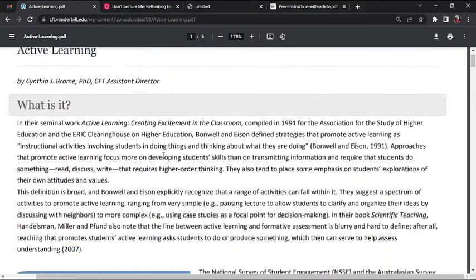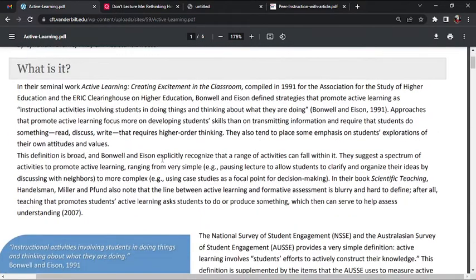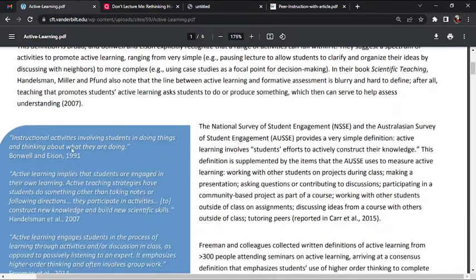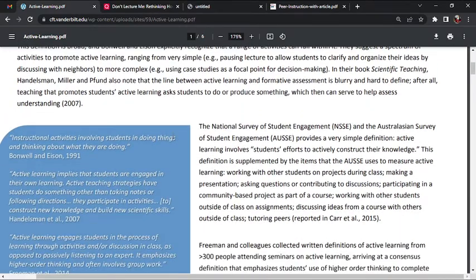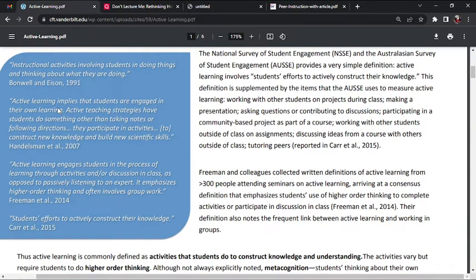In this article, and you'll get the link in the description below, you'll see that active learning implies that students are engaged in their own learning. So whenever you are going through programming or data science tutorials, you should also ensure that you are engaged in your own learning.